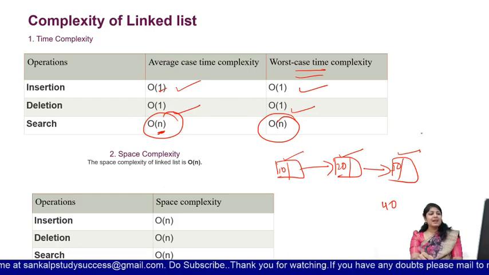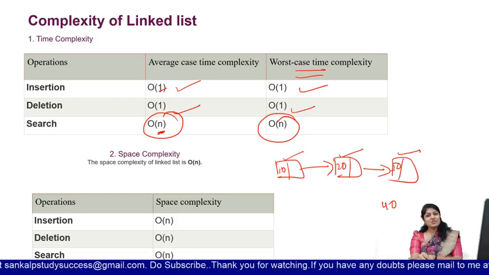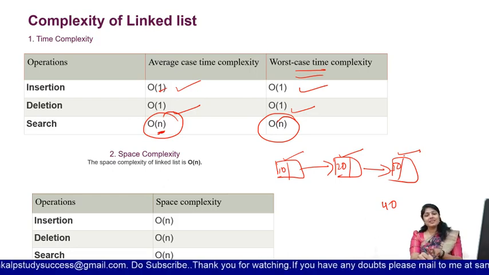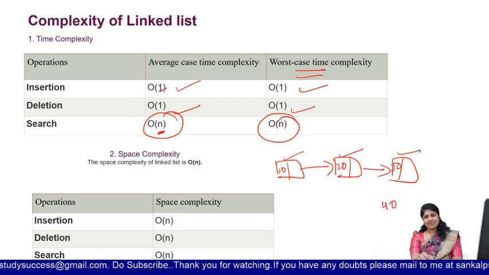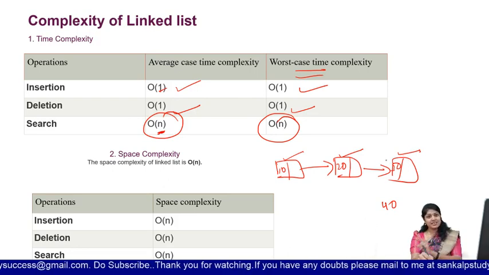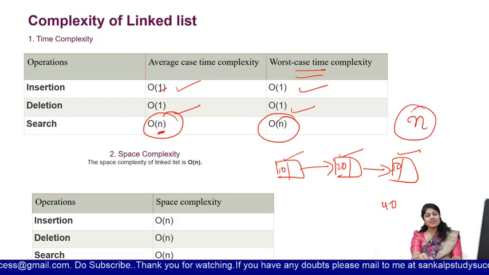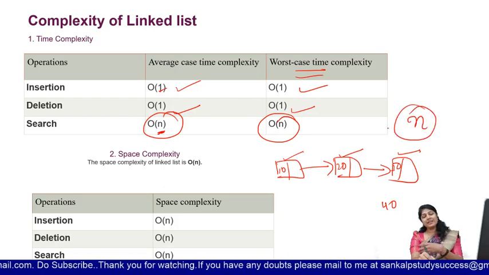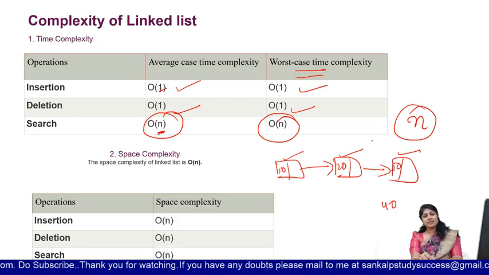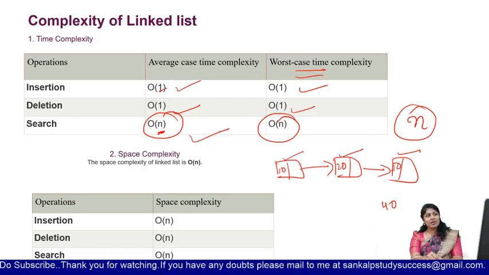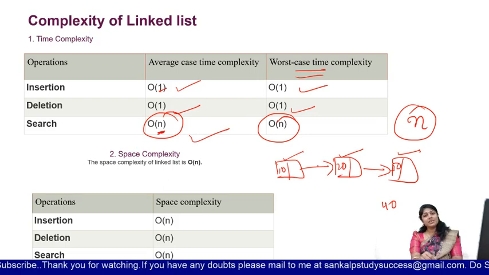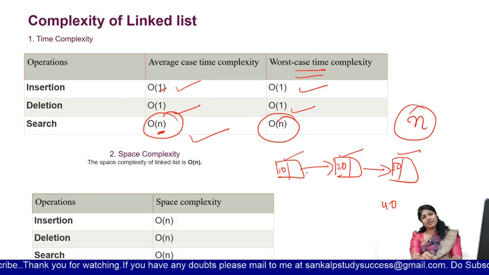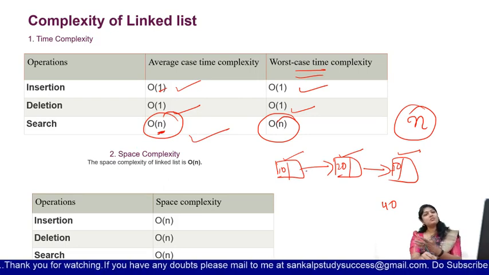After reaching the last node, we realize that the element is not available in the linked list. For example, if n elements are there, we have to search n elements until we find that particular element. That is why the time complexity for searching an element is Big O of n.